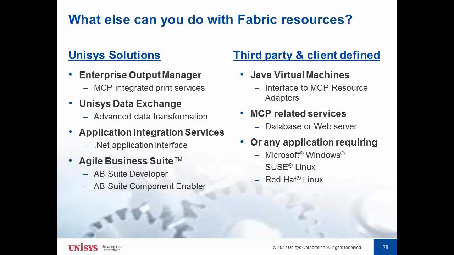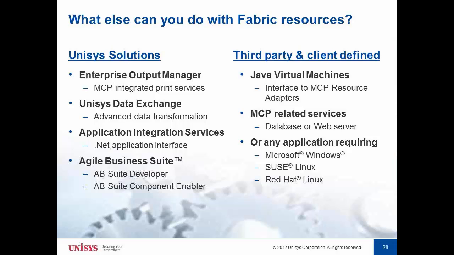We have Application Integration Services, which provides a .NET level of access from a Windows application running within the fabric into MCP resources to allow tighter integration between those MCP and any Windows applications that you might design.